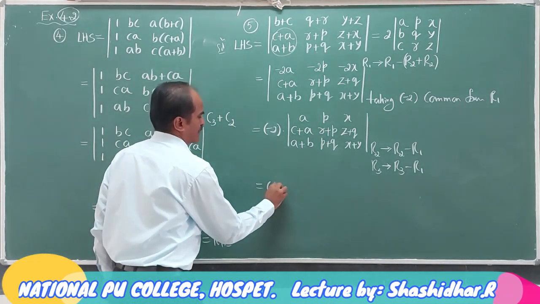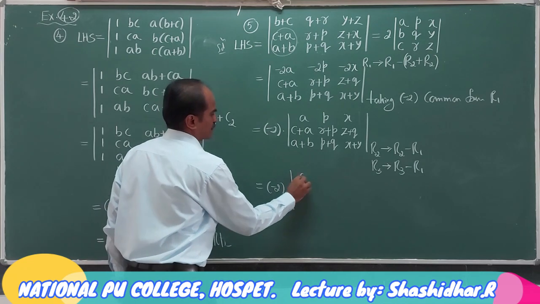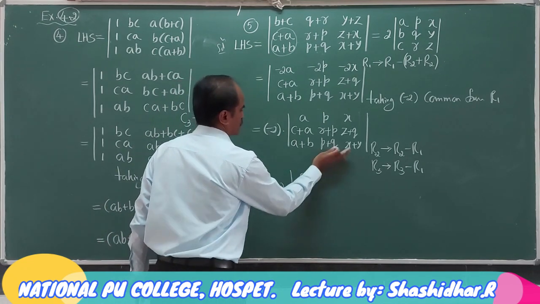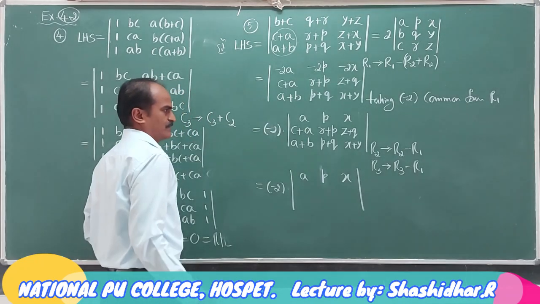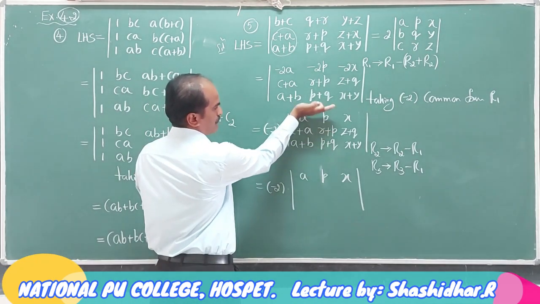That is minus 2 times the determinant. First row, we didn't alter. Write them as it is. Second row, R2 minus R1.